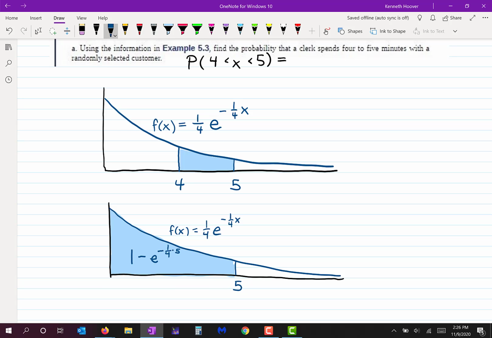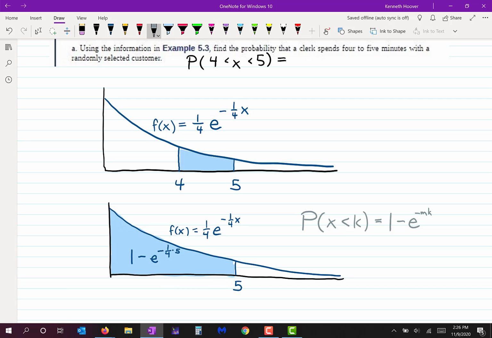Let me write this as a formula. The probability that x is less than some number k, for an exponential distribution, is always equal to 1 minus e to the negative mk.